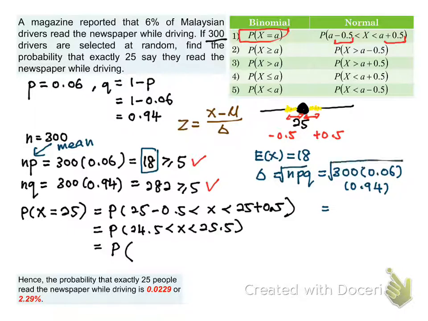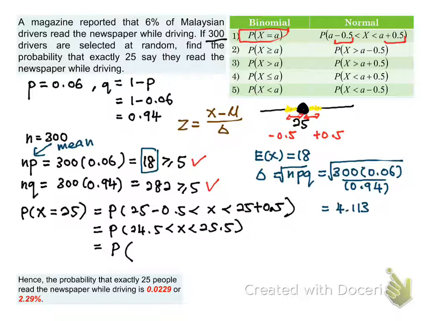We need to put in the square root. I forgot already. So what do you get? 4.113. Is it every one of you get the same?